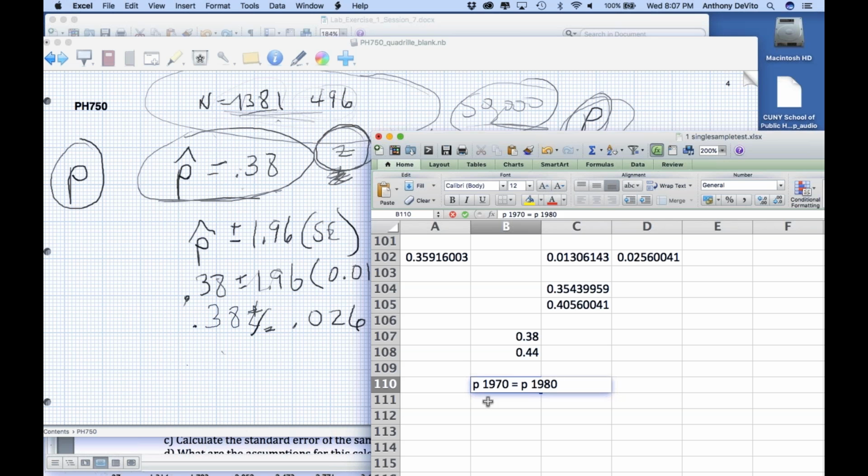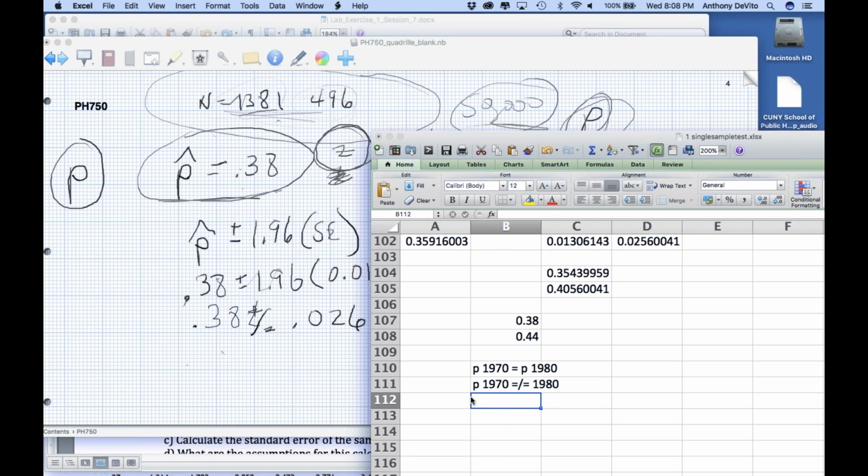Now let's say our alternative hypothesis is that the proportion for 1970 is not equal to the proportion for 1980. Okay, so that's my null and my alternative hypothesis.